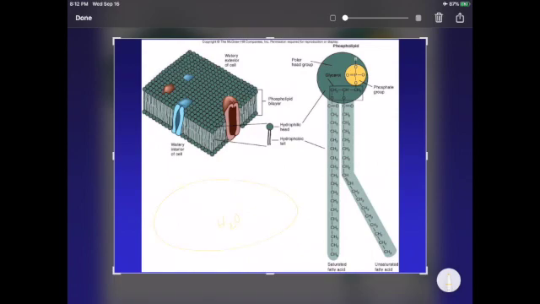There's water in the cytoplasm, and those polar heads, those hydrophilic heads of the phospholipids love the water, so they're going to point towards the water, whereas those hydrophobic tails will point away from that watery interior of the cell. But we got a problem. The exterior of the cell is very watery too.